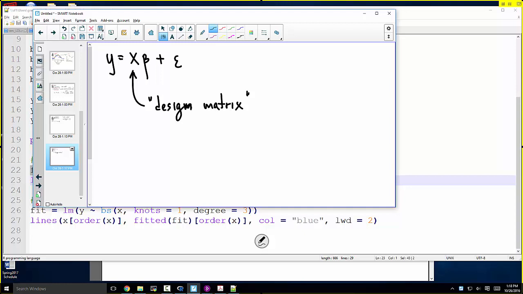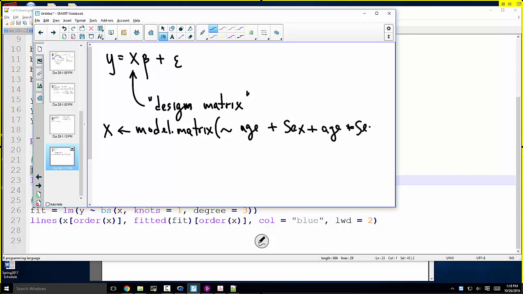If you have a design matrix, there's a function called model.matrix. If we said model.matrix, age plus sex plus age times sex, like in the Orthodont data, then capital X is going to be n by p, where p is the number of regression coefficients that correspond to this model. So it is that capital X at the top, the matrix that is used in representing the model.